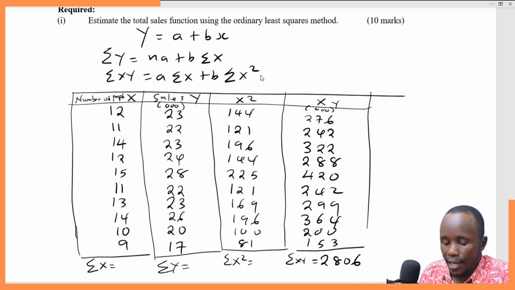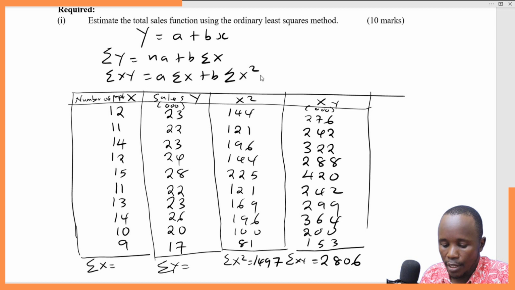Let me get the sum of x squared. 144 plus 121 plus 196 plus 144 plus 225 plus 121 plus 169 plus 196 plus 181. This gives me 1497.